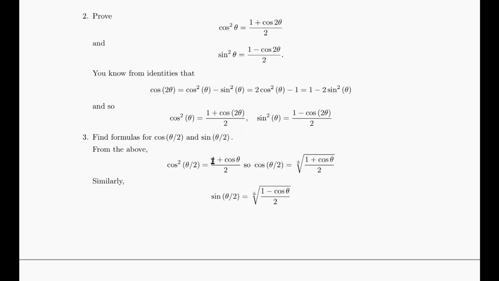So these are going to be the half angle formulas. Cosine squared of theta over 2 is 1 plus cosine theta over 2. I just showed that up here. So if I take the square root of both sides, I find that cosine of theta over 2 will be plus or minus the square root of 1 plus the cosine of theta all over 2. And similarly, the sine of theta over 2 is this.